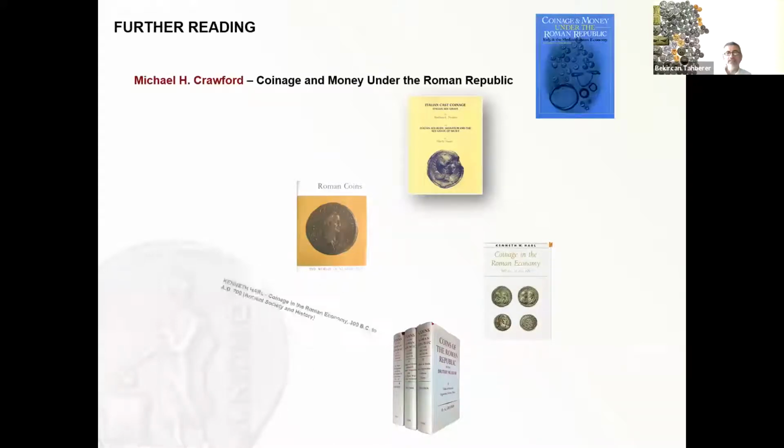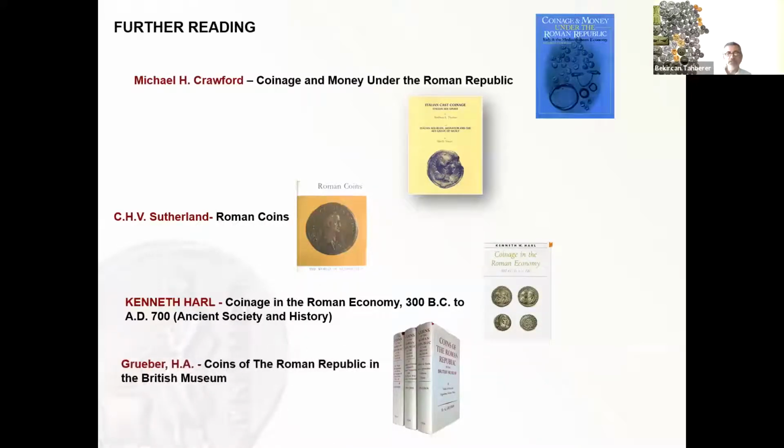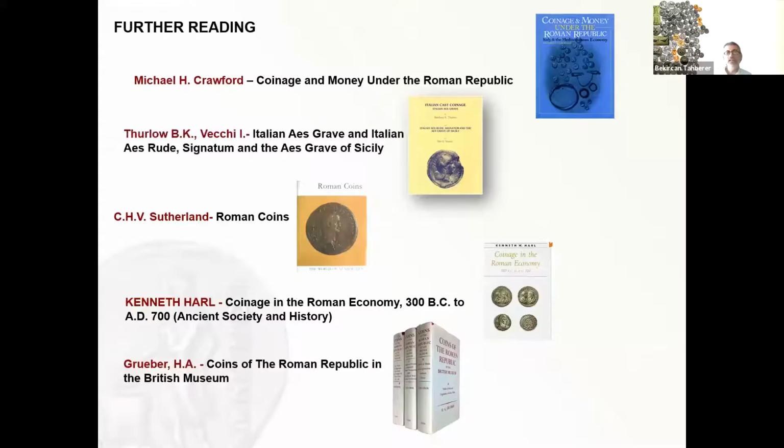Here I have some further reading references for you. I have referred to at least 4 of these references. Crawford's Coinage and Money under the Roman Republic is an incredible reference.